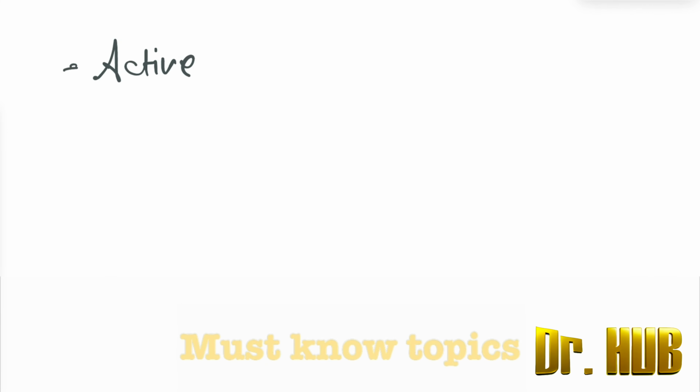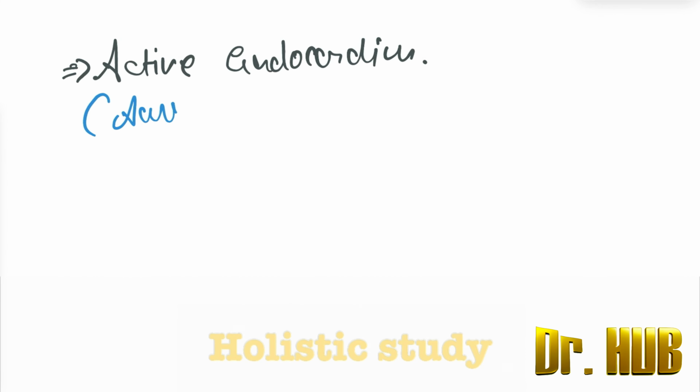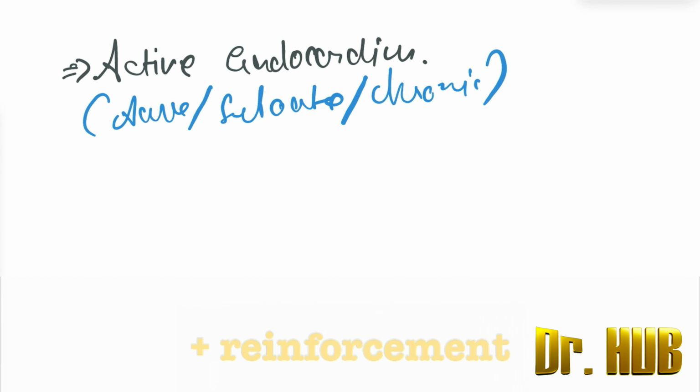The second one is the active endocarditis. It may be acute, subacute, or chronic. It is identified in or on one of the following. What does it include?